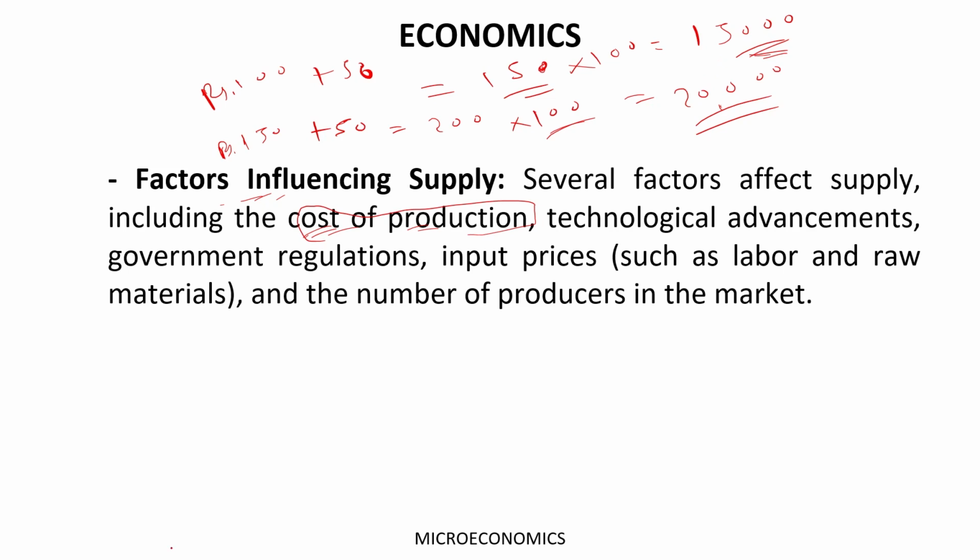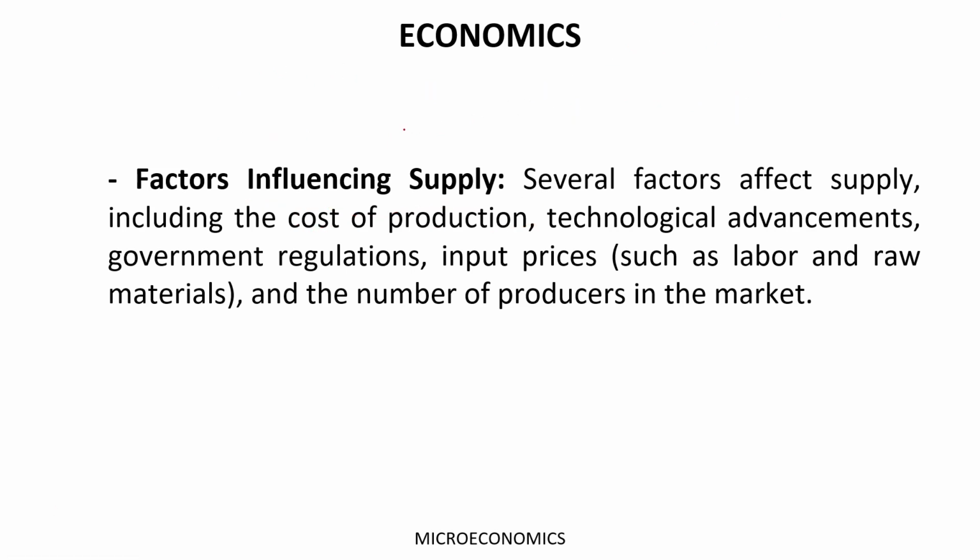The second factor is technological advancement. Let's suppose with old technology he was able to supply 100 units at rupees 150, so goods worth 15,000 were being supplied by him.